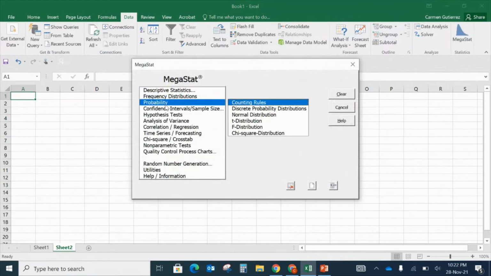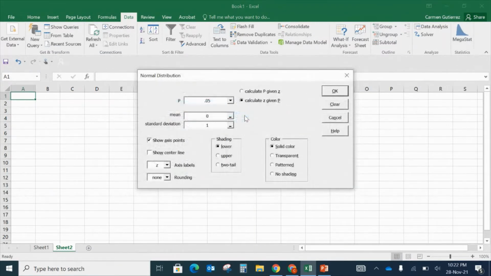MegaStat, probability, normal distribution. You have two choices here: calculate P given a Z, or calculate a Z given a P. Here, this P is your alpha. In this case, alpha is 5%, 0.05. Mean is 0, standard deviation is 1. Do not change any of this.